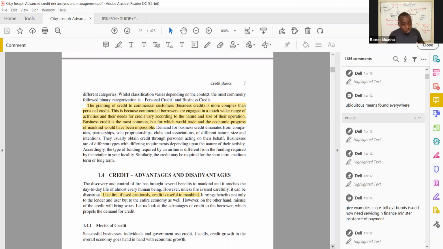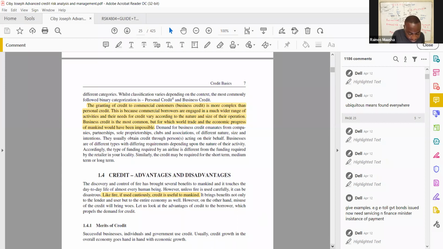For personal use, if you give credit to a particular customer, it's either they want to go buy a dress, a car, or a house. But when you look at commercial credit, there's a wide range of things that commercial customers are going to need, depending on exactly which industry they are in and what operations they are seeking to achieve with this credit.